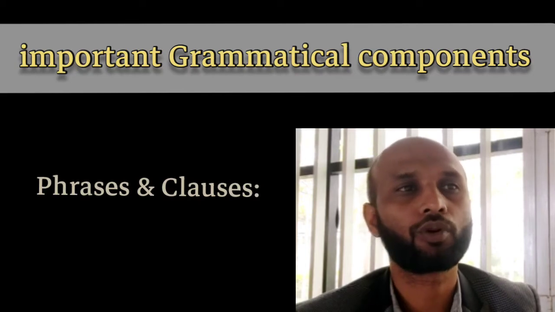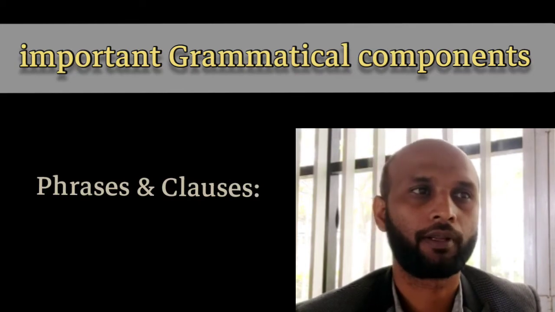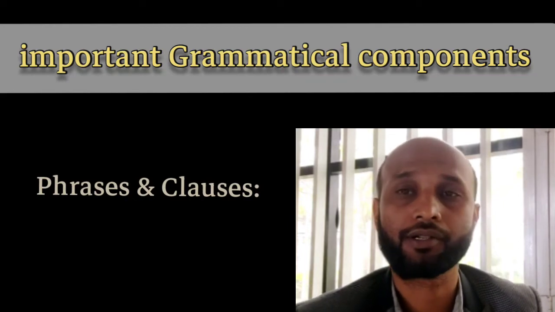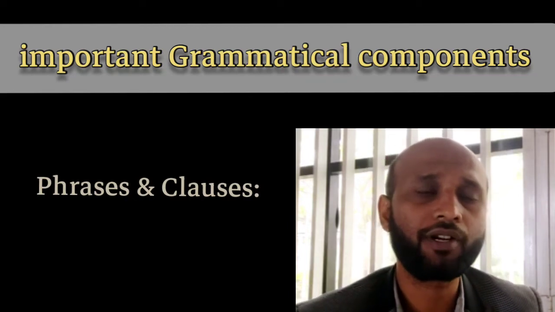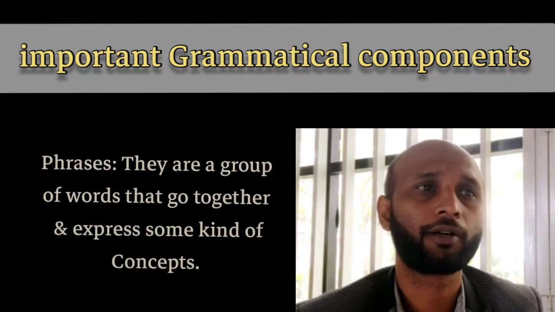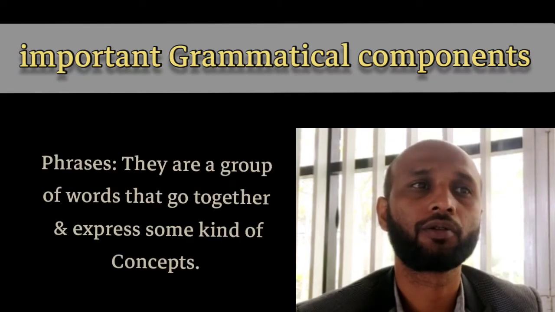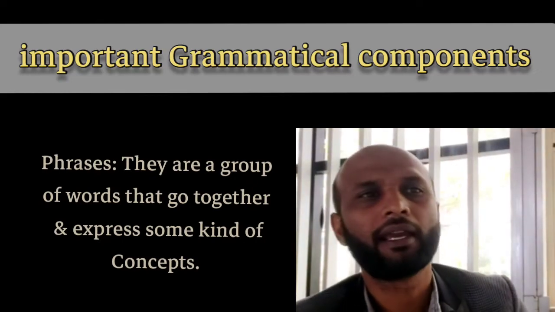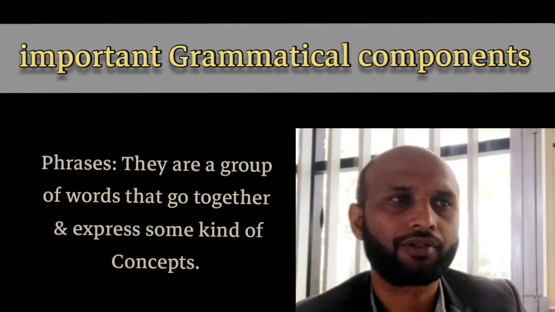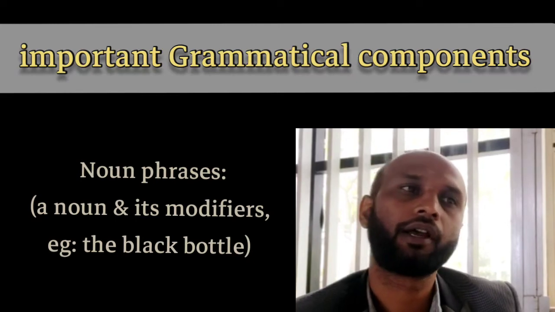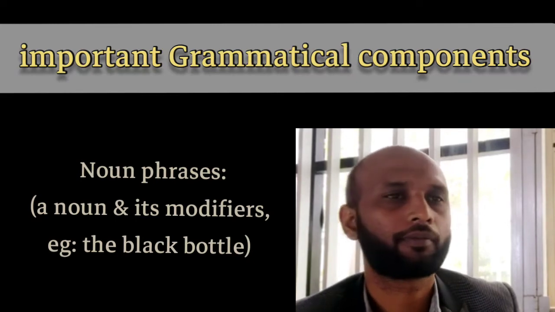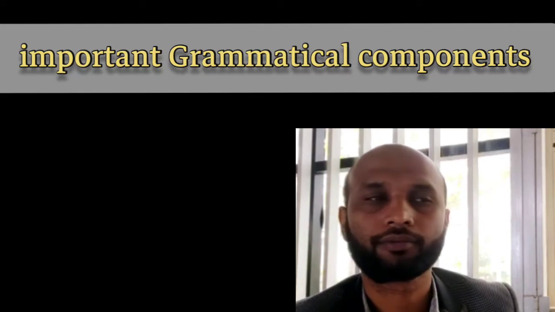Phrases and clauses. When we arrange words in a sentence, we are building phrases and clauses. Phrases. They are a group of words that go together and express some kind of concept. English includes, among others, noun phrases, a noun and its modifiers, example, the black bottle.